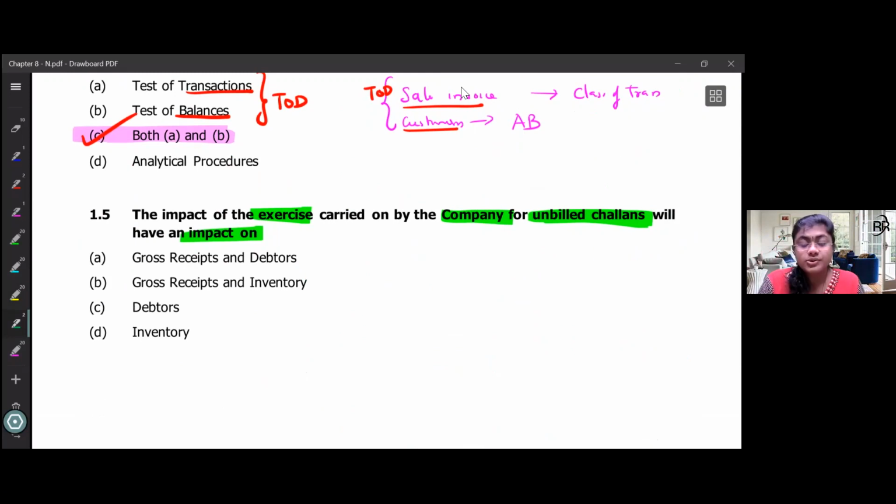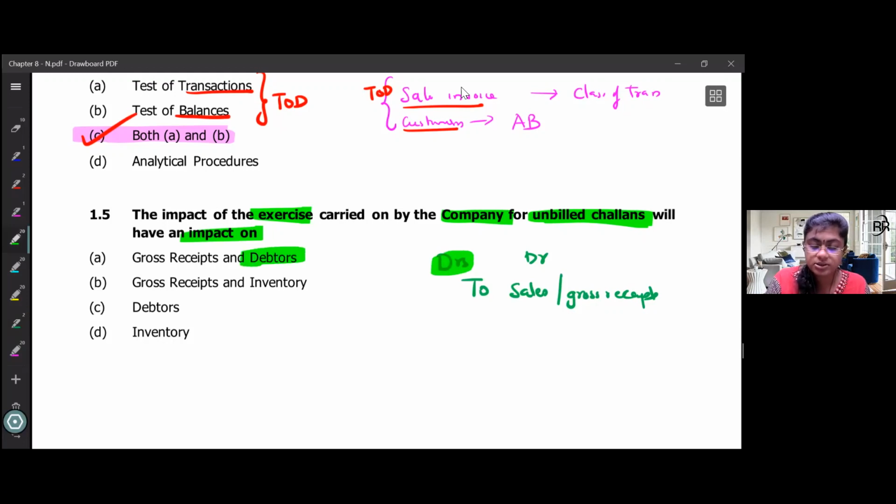So what is the journal entry? When you record the sales which were left off, debit debtors account, credit sales, which is nothing but gross receipts. So impact will be on debtors and receipts, which is sales.